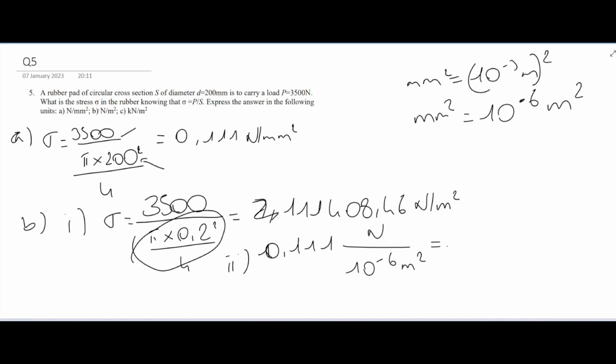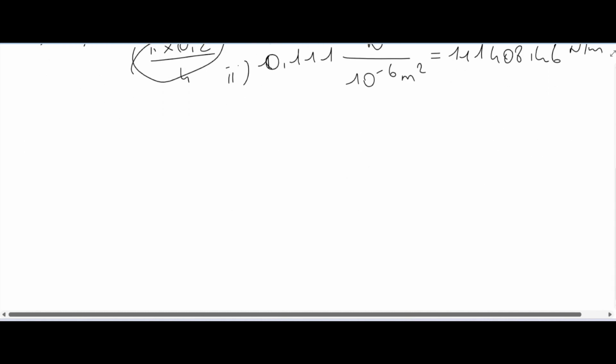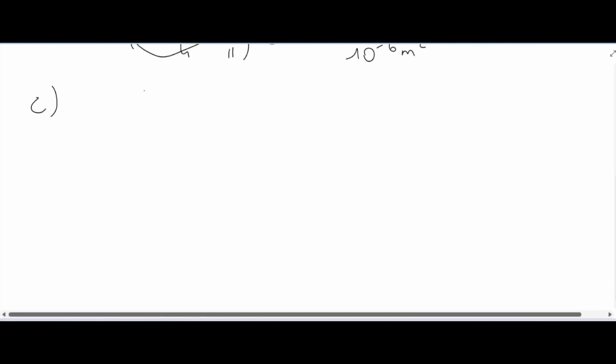So that would give me the same answer as above, 111,408.46 newtons per meter squared. I'll just add some extra space, and finally we want the answer in kilonewtons per meter squared. So let's grab this. So kilonewtons per meter squared.